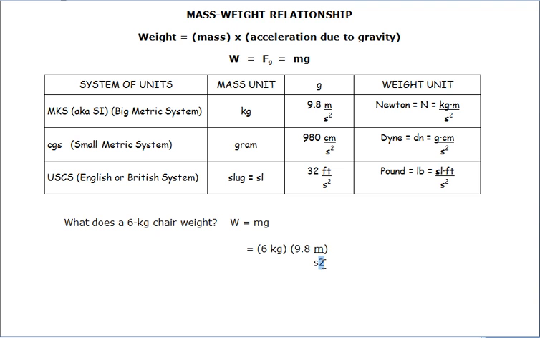So I'm going to make this meter per second squared written vertically. Then we're ready for the button punching, in which we have 6 times 9.8, giving us 58.8.